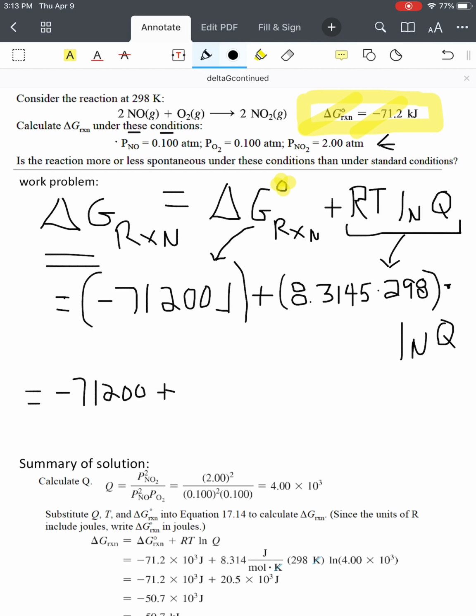If I multiply on my calculator here real fast, 298 times 8.3145, I get 2477.7. And then I still need to multiply that by my natural log of Q. Now remember what my Q was, my reaction quotient. Let's focus in on that term right now.